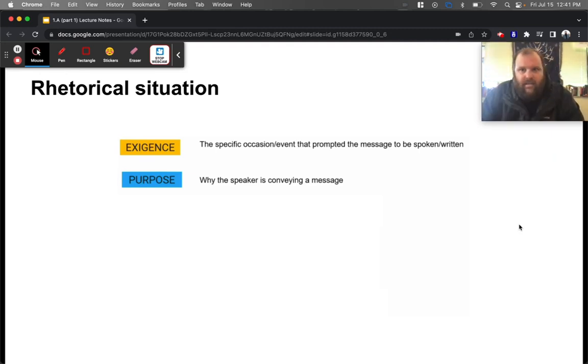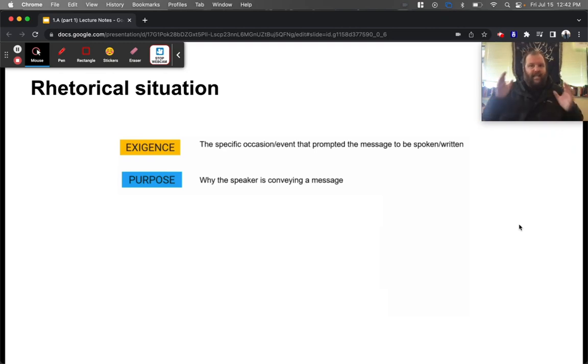Now, purpose. What is my purpose? My purpose is to celebrate her. My purpose is to make her feel good and make her feel valued and important and loved. My purpose is to maybe get someone in our friend group in the crowd to chime in and say something as well, right?